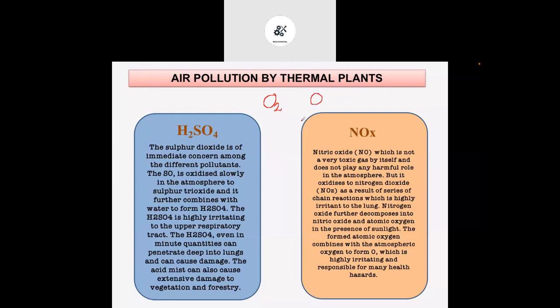That has the chemical formula O2, and atomic oxygen means only one atom of oxygen. So that atomic oxygen will react with the normal oxygen gas, and it will create O3. Now O3 is ozone.